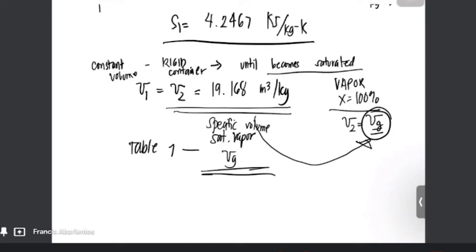Pero kung sinabing superheated region siya, hahanapin siya doon sa table 3. Okay, nahanap niyo na, class, kung anong page siya sa table 1. Yung specific volume wherein yung saturated vapor natin ay nagfo-fall under the column ng vg na ang value is 19.168.